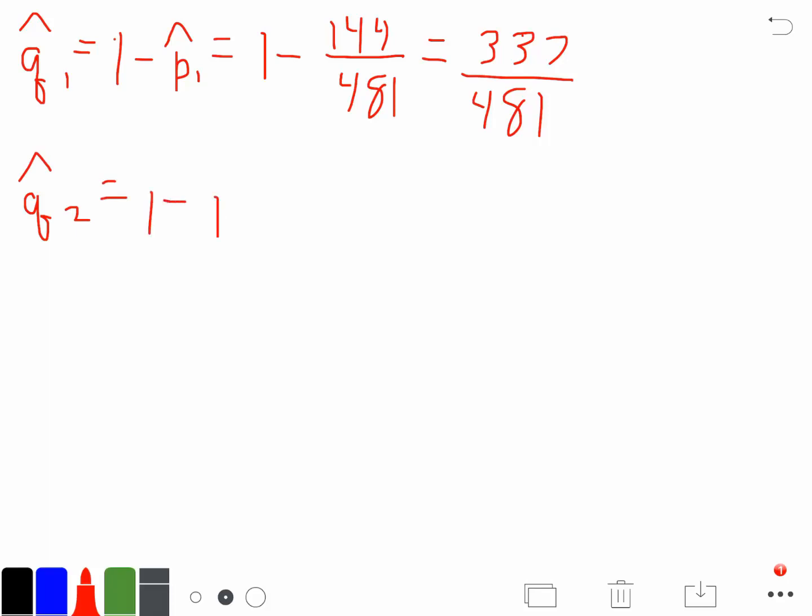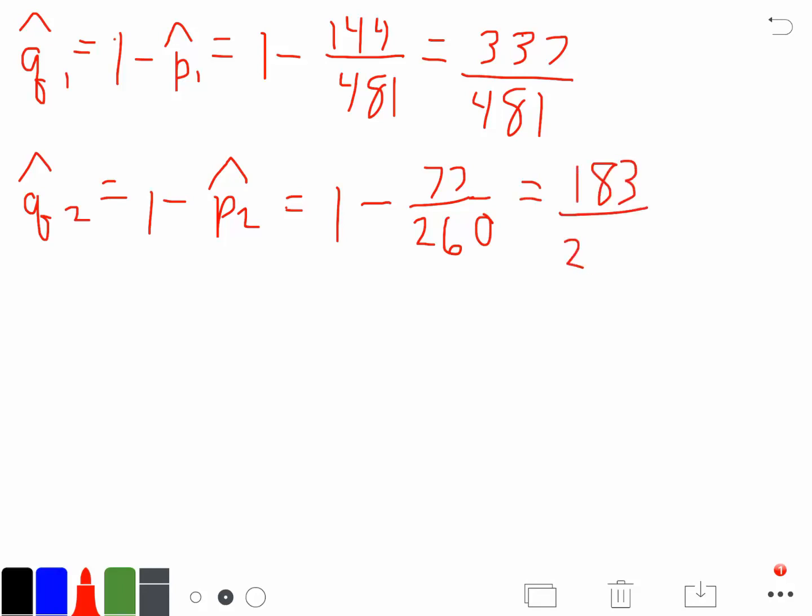Q sub 2 hat is done the same way, just 1 minus P sub 2 hat, which equals 1 minus 77 over 260, which equals 183 over 260. So we have all our missing numbers, and that is a 0 in the end, by the way. Forgive my handwriting, still not too comfortable with this program.